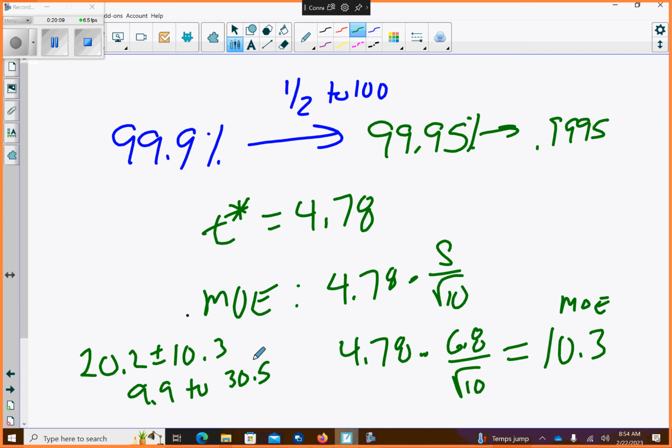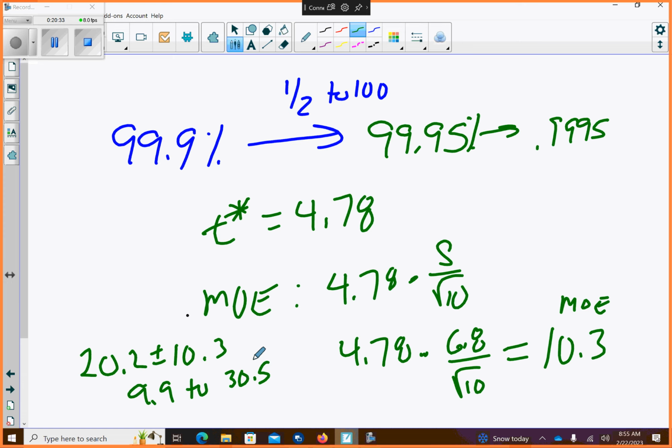So now, that is a very wide margin of error. That's a really wide margin of error. So if we were to randomly select another 10 students from this particular high school, we are 99.9% confident that their parameter, which is also known as the mean, would fall between 9.9 and 30.5.